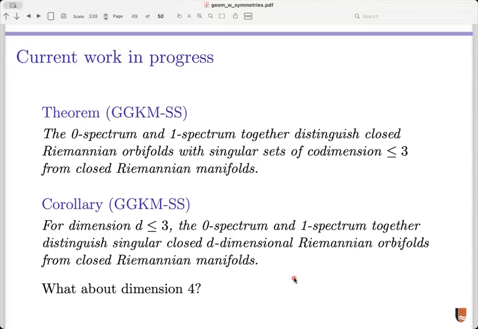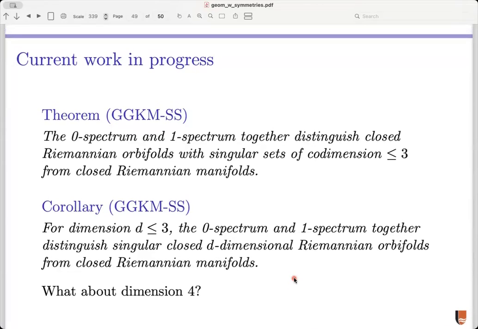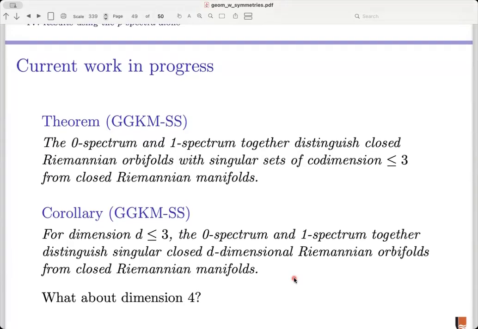So with the student, we've been examining whether, in the case of a 4-dimensional orbifold with only 0 strata, we can use heat invariants to detect the presence of those isolated singular points. It's interesting because an isolated singular point corresponds to an action in 4 dimensions that just fixes that central point.